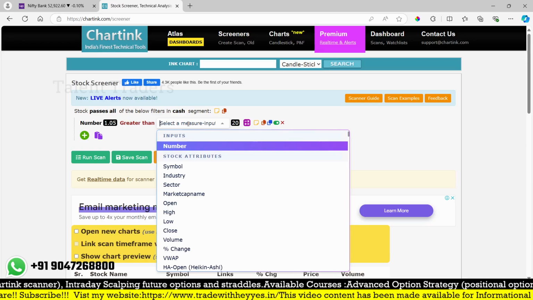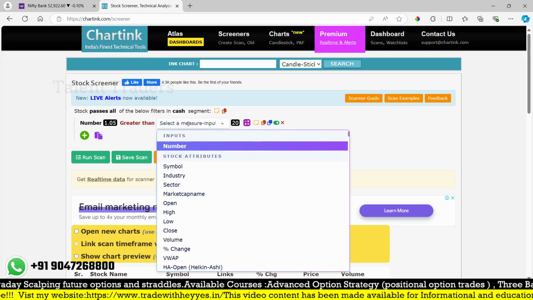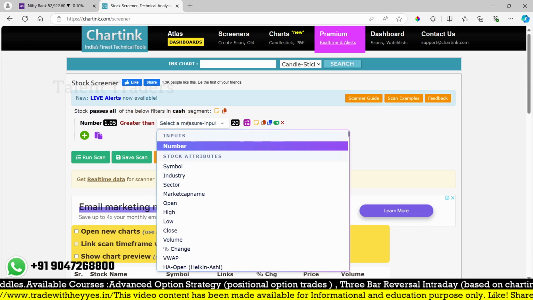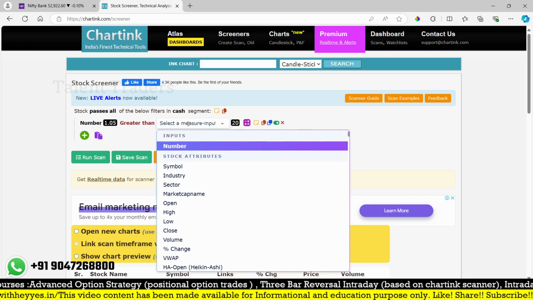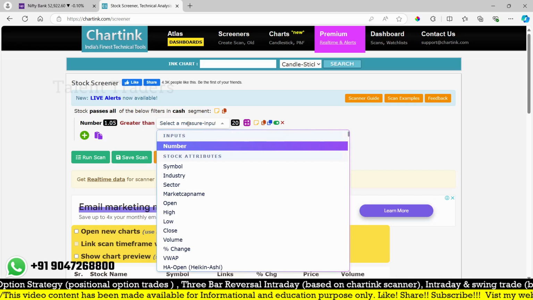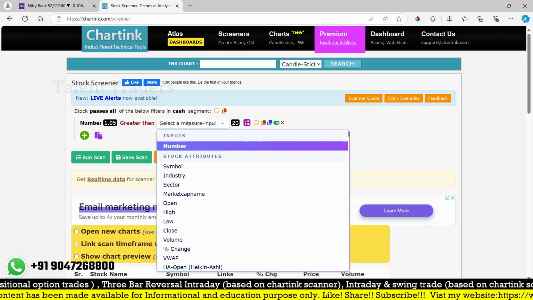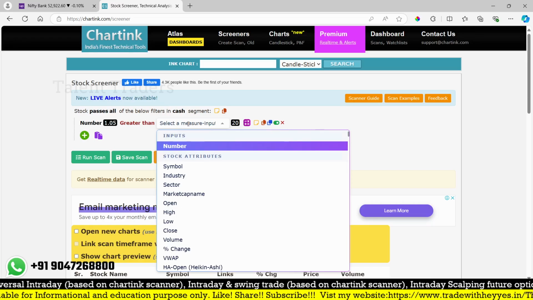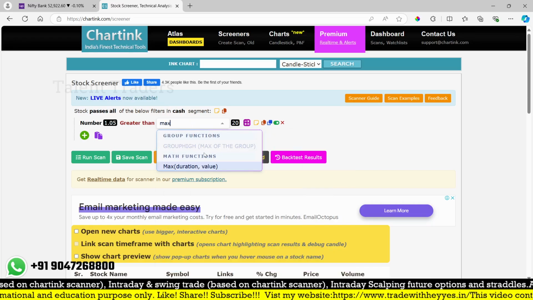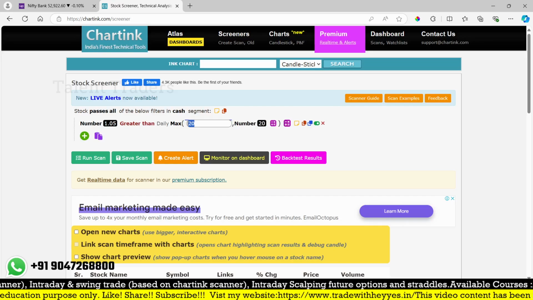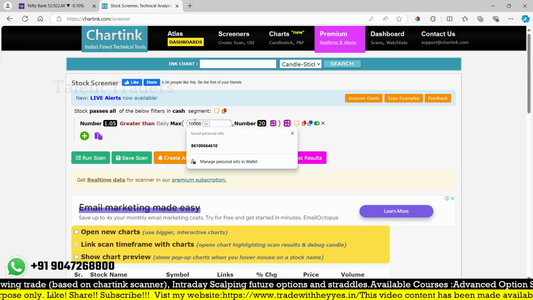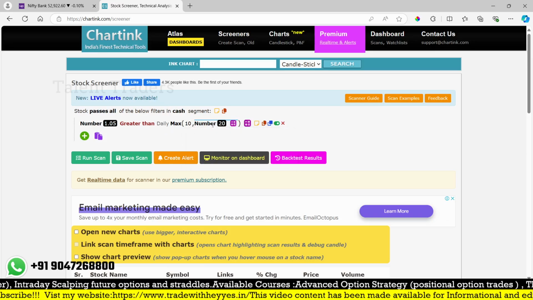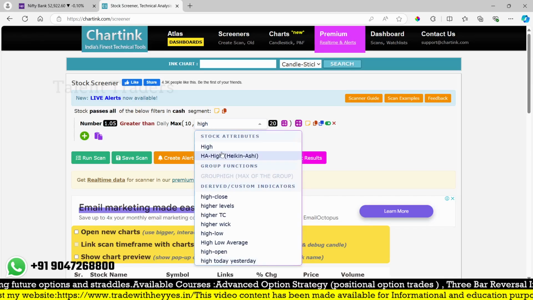It cannot be found on a range basis, like 5 to 10 days or 20 to 30 days, or 1 month to 2 months. You have to give the exact time frame. For example, I'll go for a 10 days time frame. Let me go for the maximum duration. Here it is 10 days by default, so 10 days and high. Okay, 10 days daily high.